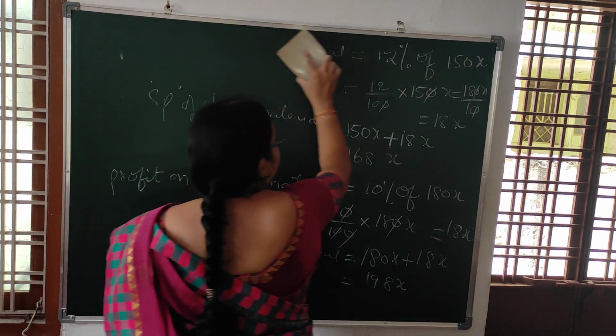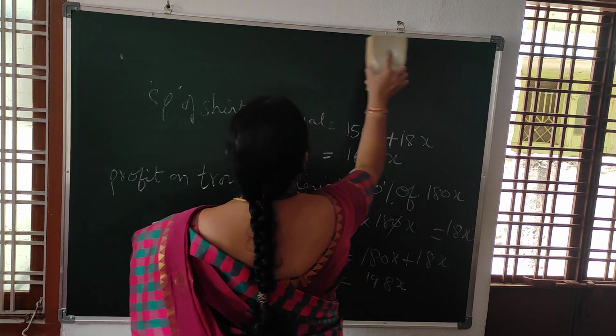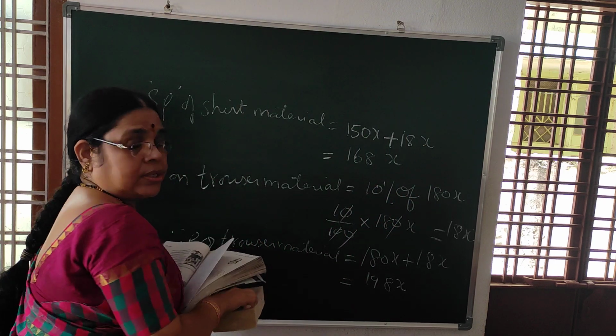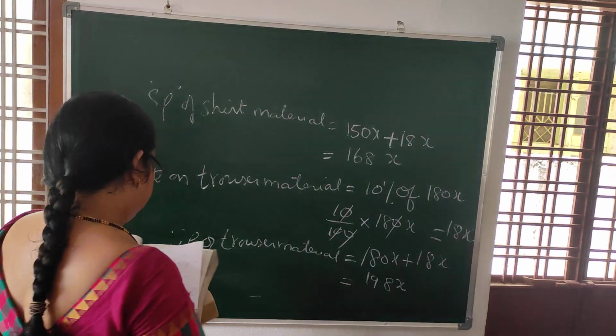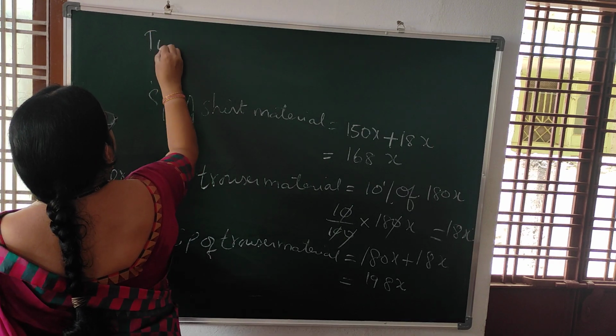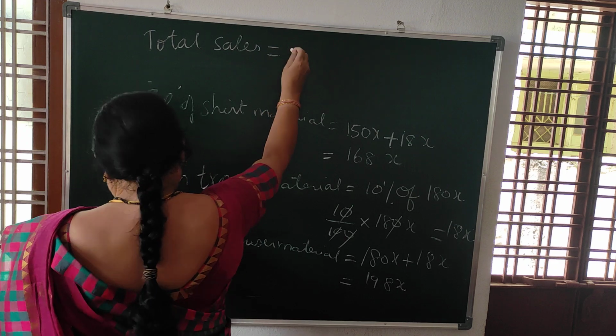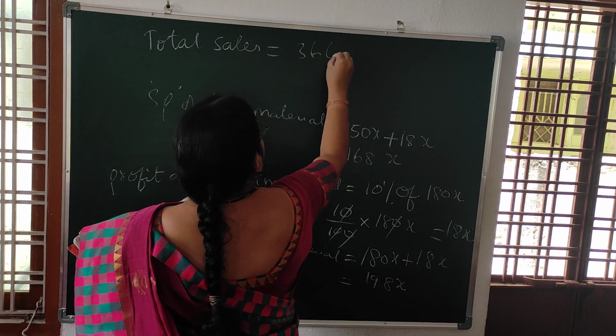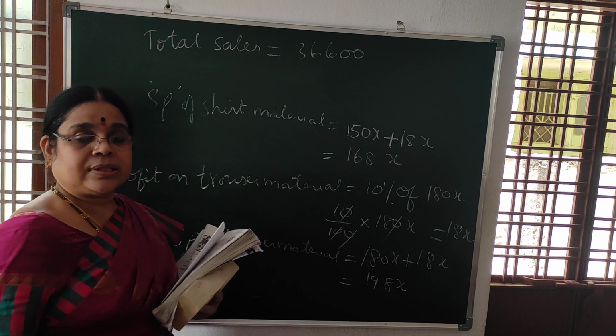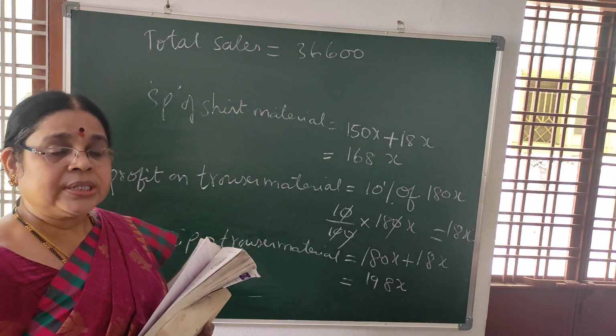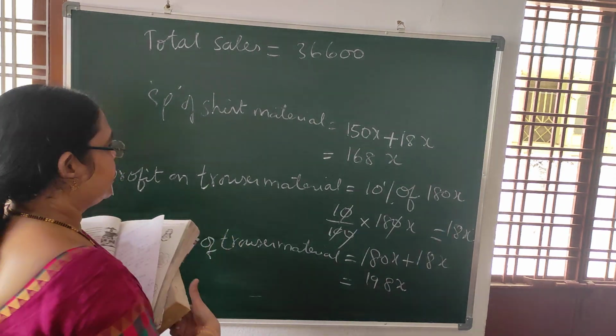Total sales is given. Total sale means what? Sale of shirt material and trouser material. So total sales is equal to 36,600. This 36,600 includes shirt material plus trouser material.